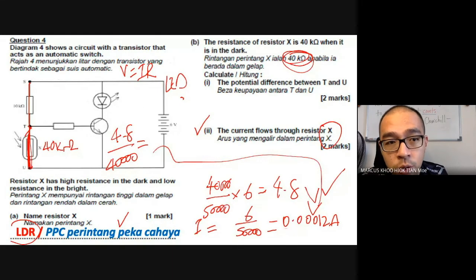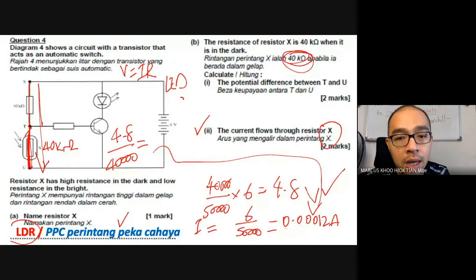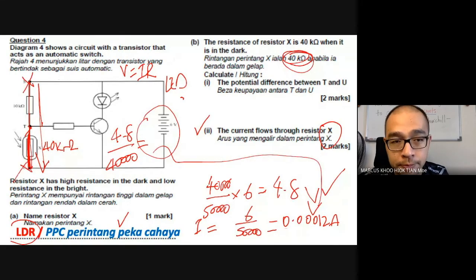But what Melanie is doing over here is she's considering the whole thing. Because remember, in a series circuit, the current is the same, whether it is flowing through one resistor or both resistors, except that if you want to consider both resistances, then you have to take the entire thing, from point to point.